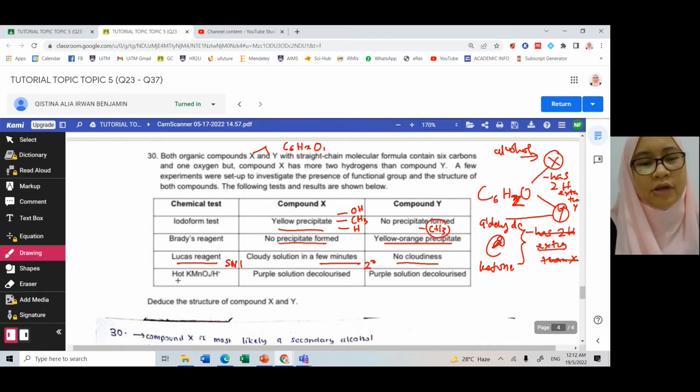And then when we react with hot KMnO4, which is the oxidation reaction, compound X will decolorize the purple solution. Just now we predicted that it is a secondary alcohol, and of course the secondary alcohol consists of one oxidizable hydrogen.